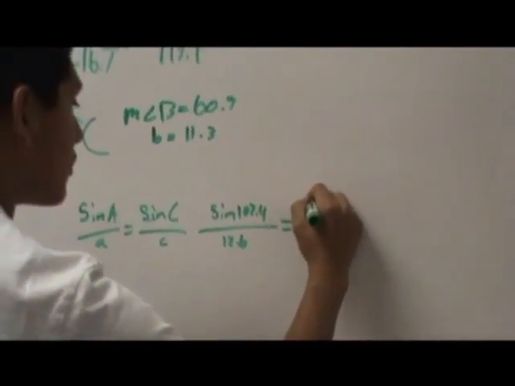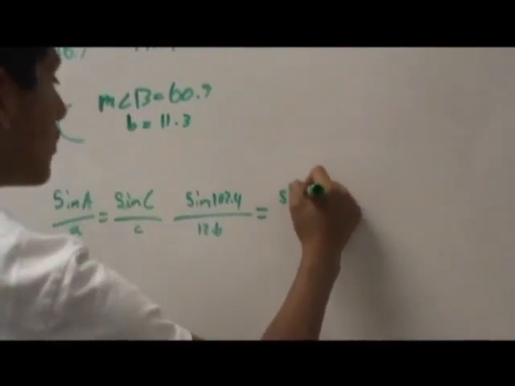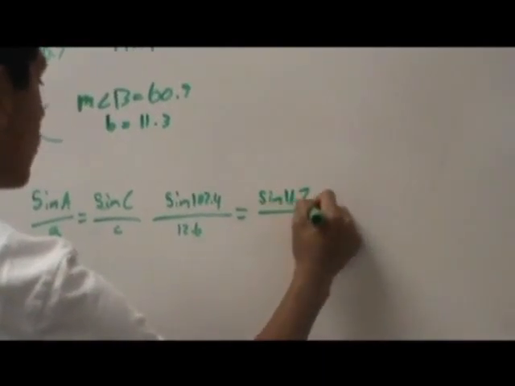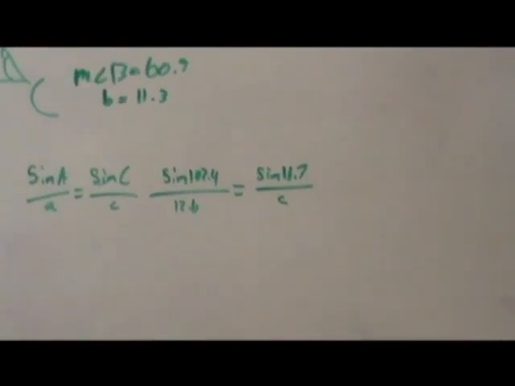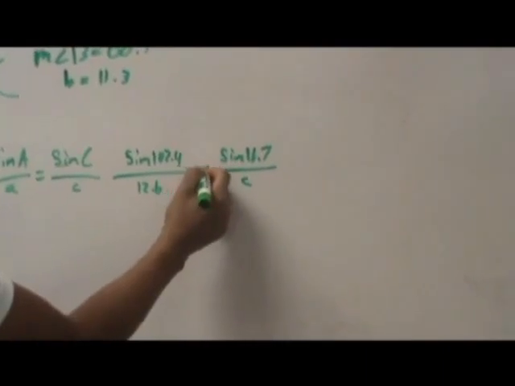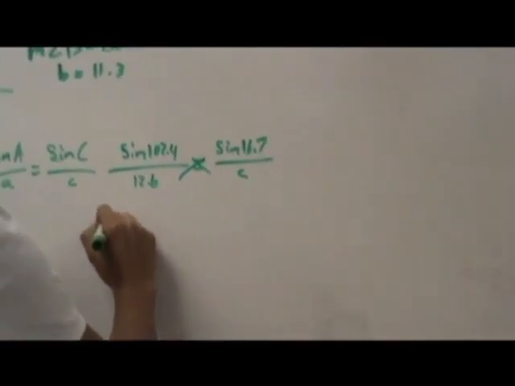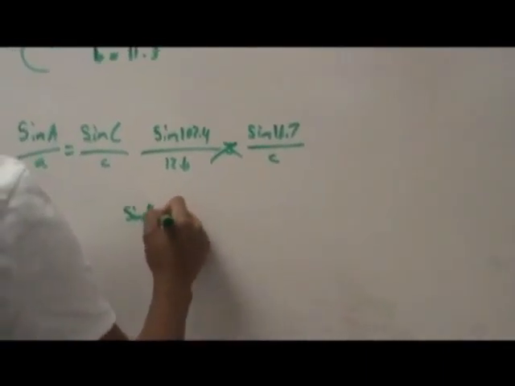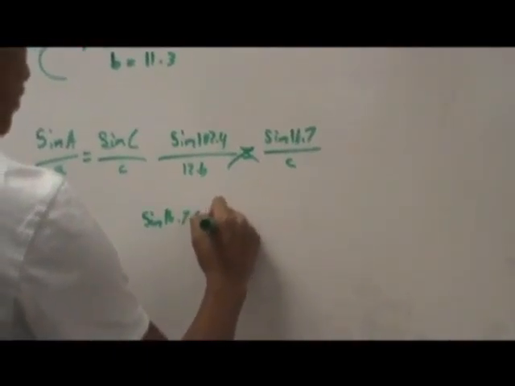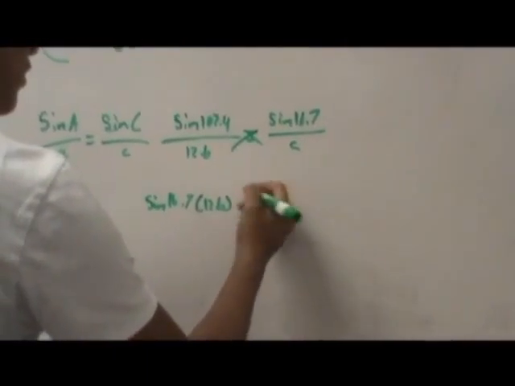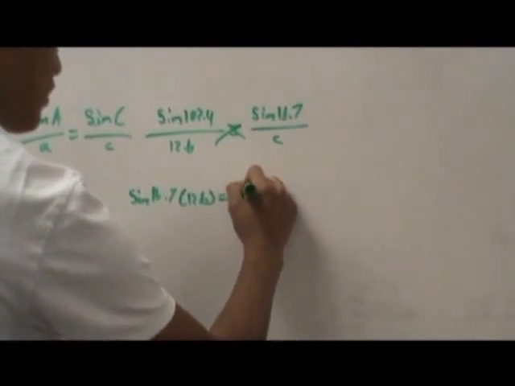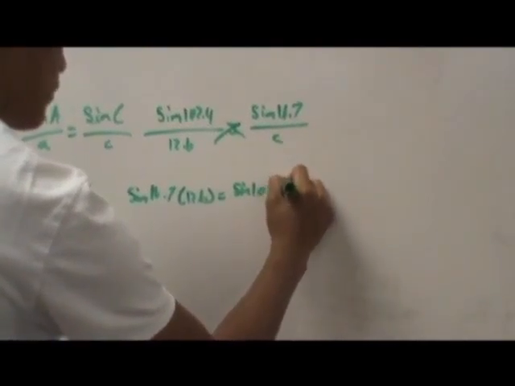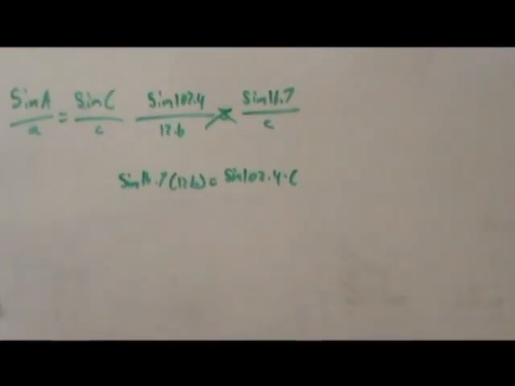That will equal sine of 16.7 over little c. And again, you have to cross multiply. Now the sine of 16.7 times 12.6 now equal sine of 102.4 times c.